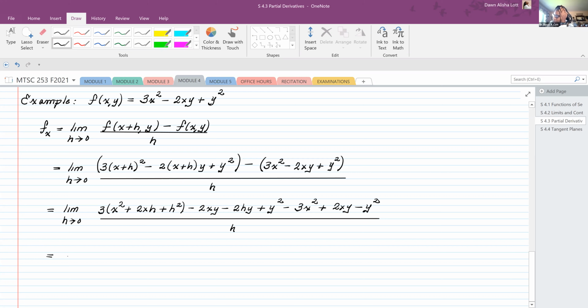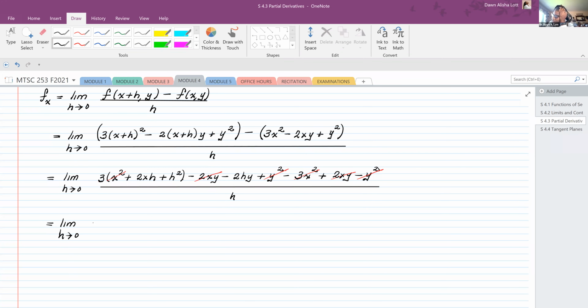So the 3x squareds are gone. The 2xy's are gone, and the y squareds are gone.